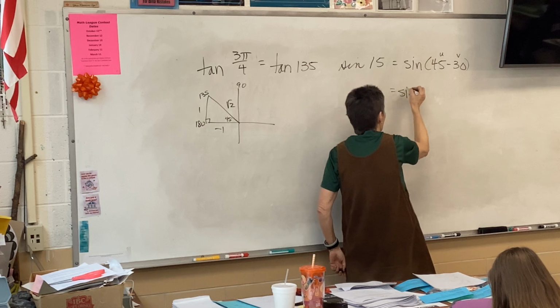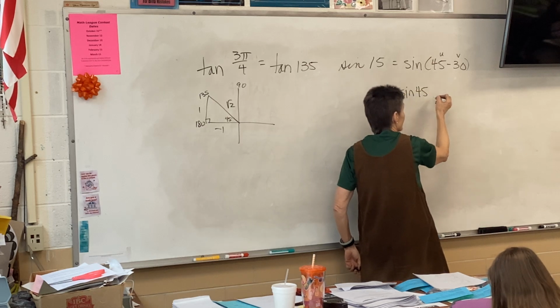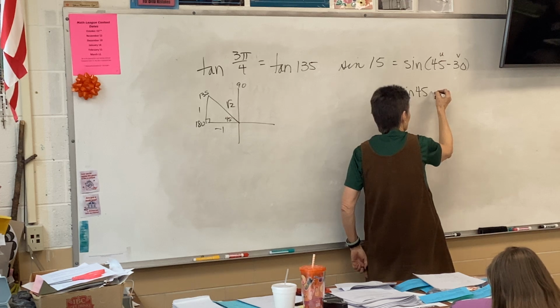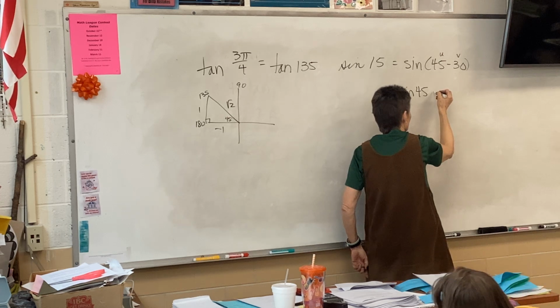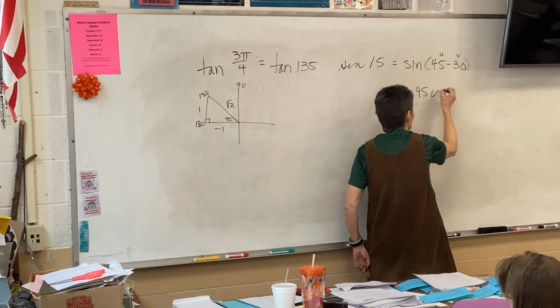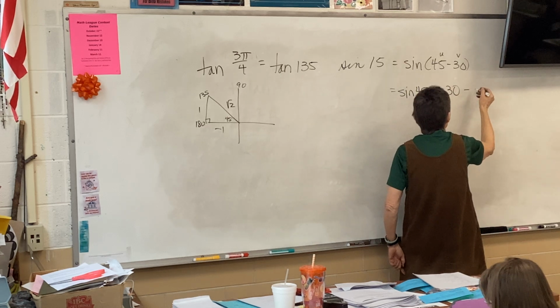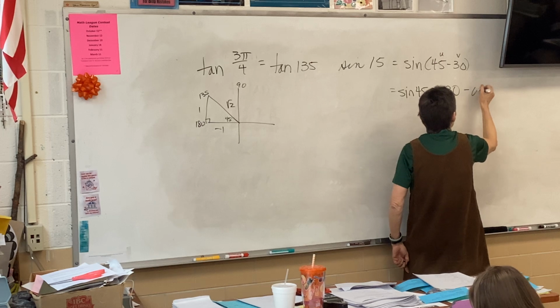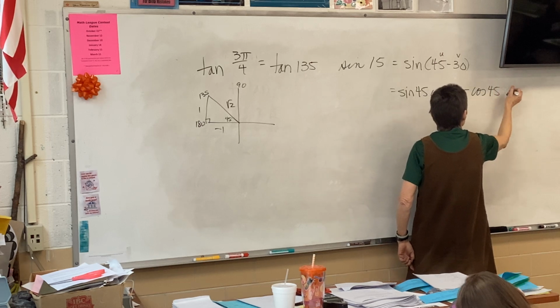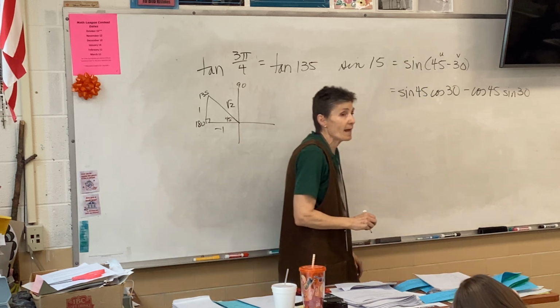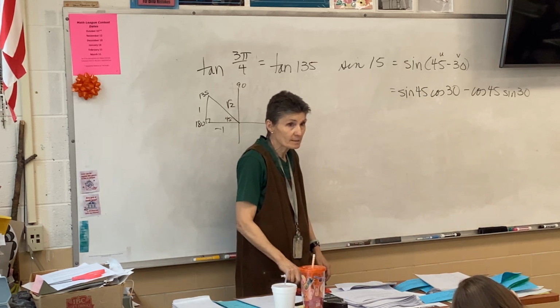So it'll be sine 45 times cosine 30 minus cosine 45 times sine 30.